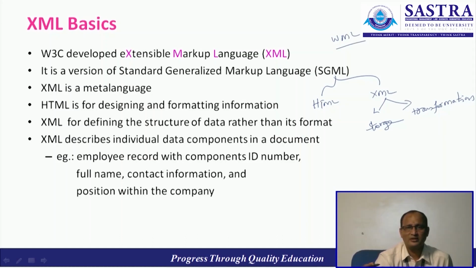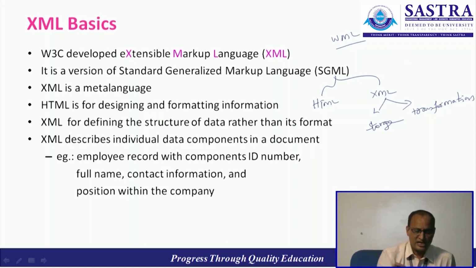For example, we have an XML document. The XML document can be converted or transformed into any vendor products. XML is not only for transformation but also for defining structure, providing tree-based structure for the content.